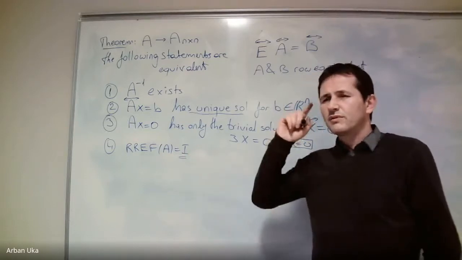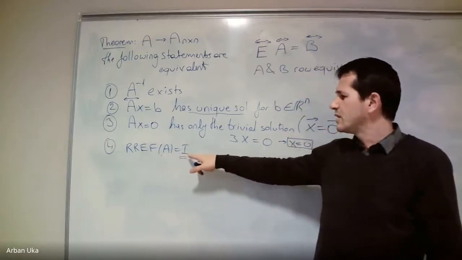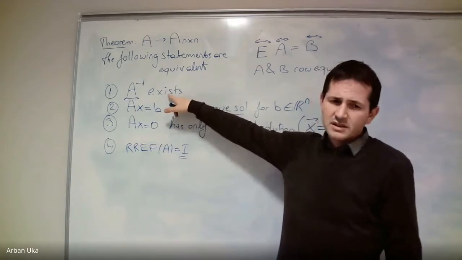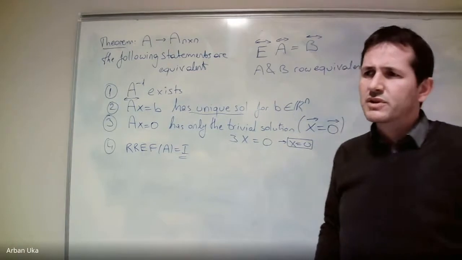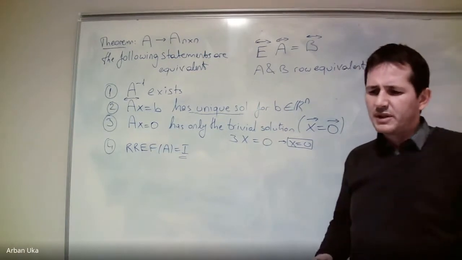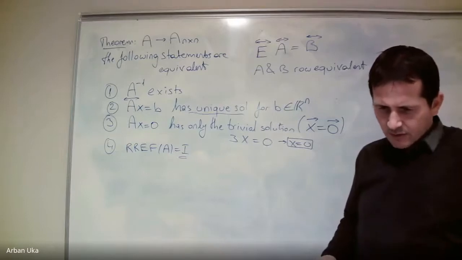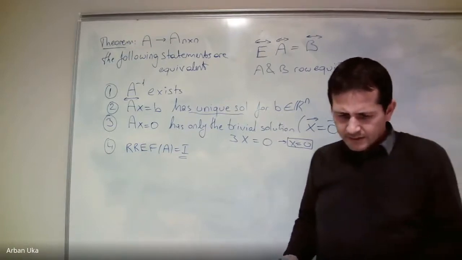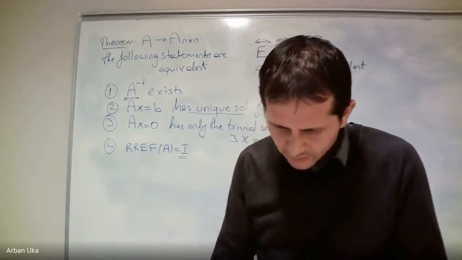Then you think for a moment and say, okay, if I can transform this A into an I, then the inverse exists, right? And the inverse, as we saw in the previous session, is going to be equal to the multiplication of all the elementary row operations. Now, this is an important theorem.